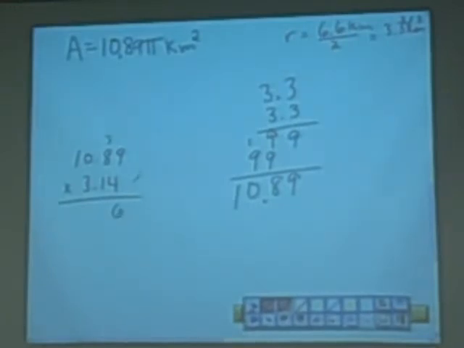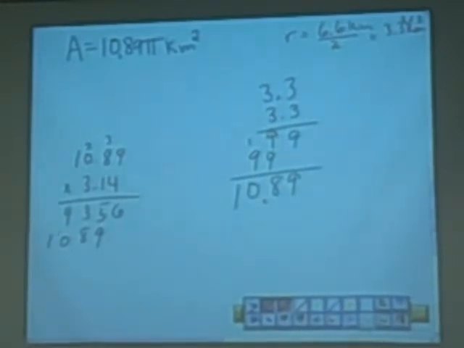Carry 3, 8 times 4 is 32, and 3 is 35. And then 4, that'll be 3, 4. And so now we have 1 times 9, that'll be 9. 1 times 8 is 8. 1 times 0 is 0. 1 times 1 is 1.